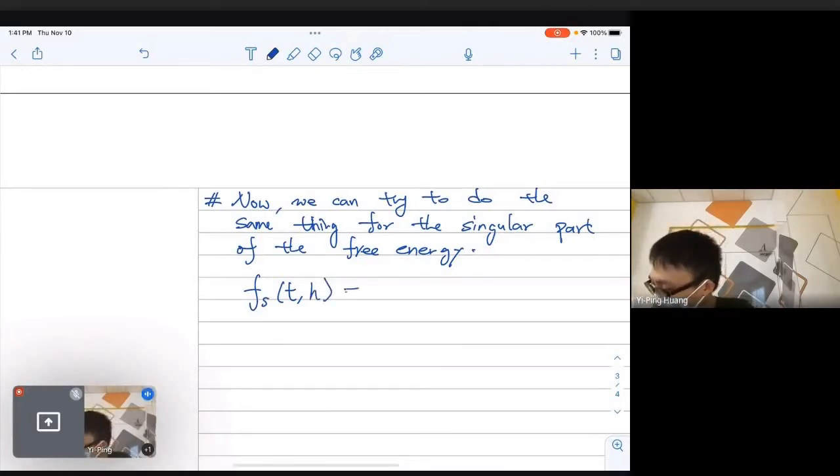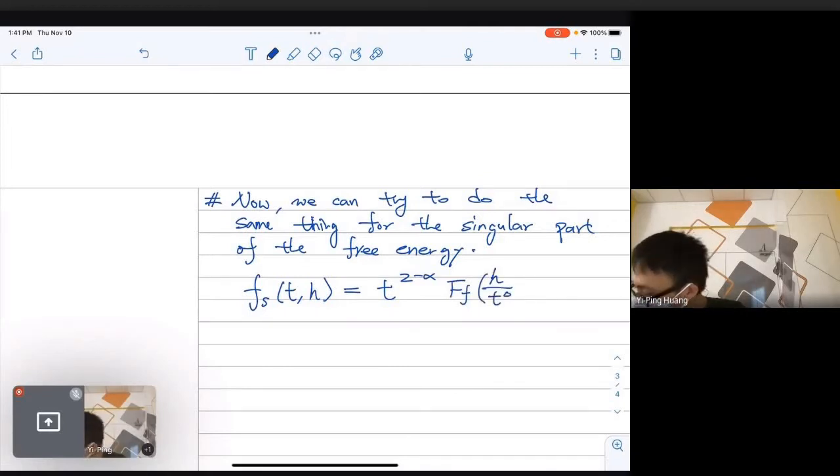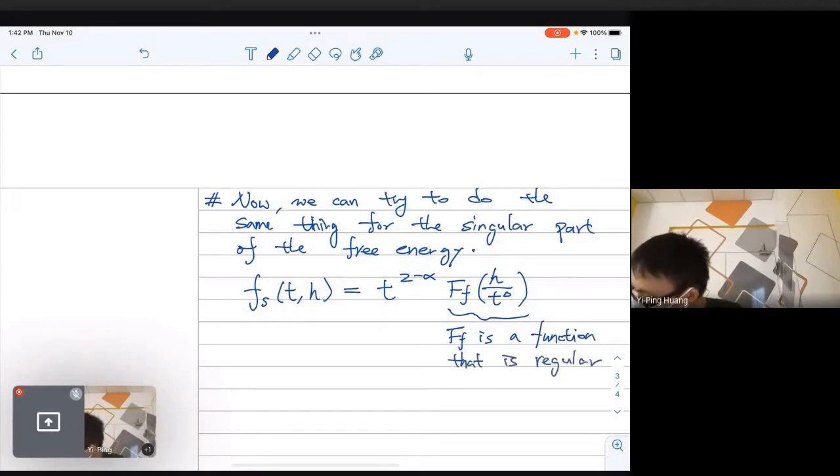We will assume that the singular part of the free energy looks like this, where this ff is just a function that is regular when h is sent to 0.